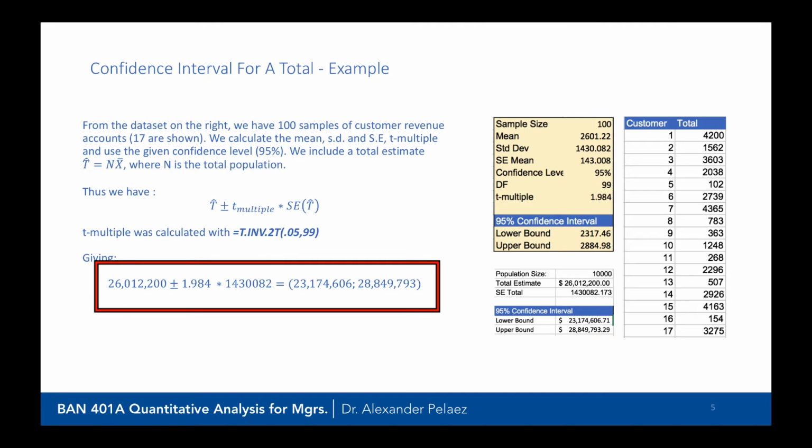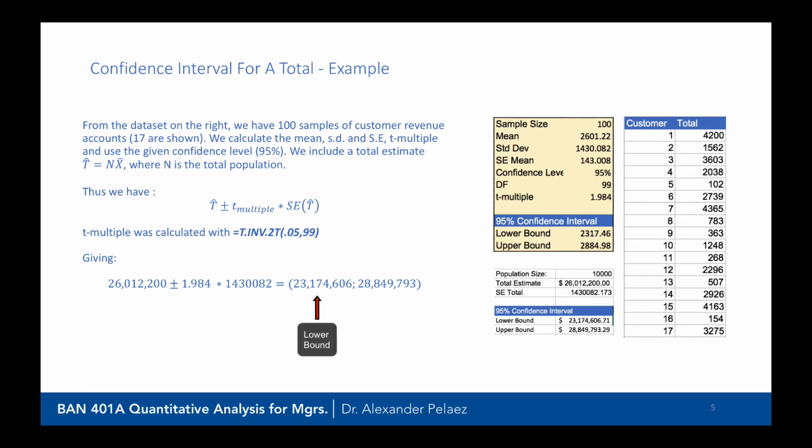And we end up with 26 million plus or minus 1.984, which is our T multiple for this, times 1430082. We'll end up with 23 million on one side and 28 million on the other side. Our 95% confidence interval will be between 23 million and 28 million.